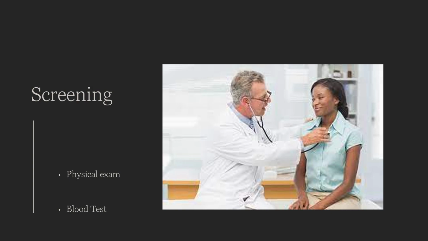The other mode of screening is blood tests, which when they take these blood tests, they're measuring for the thyroxine and thyroid stimulating hormone, the TSH, in order to diagnose such illness.